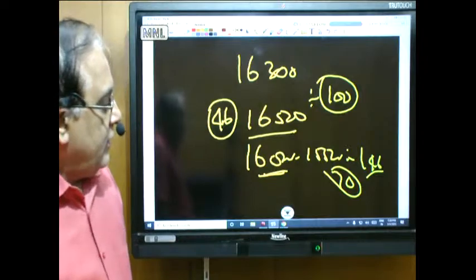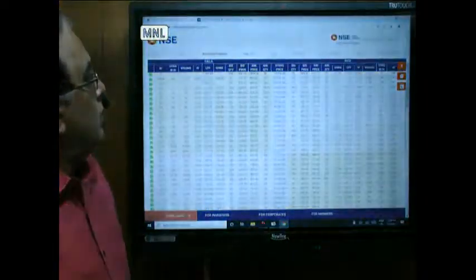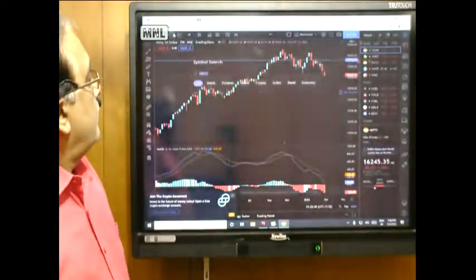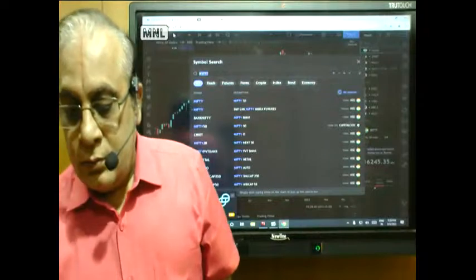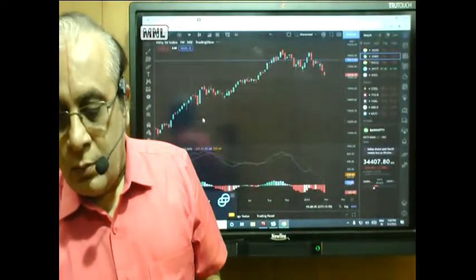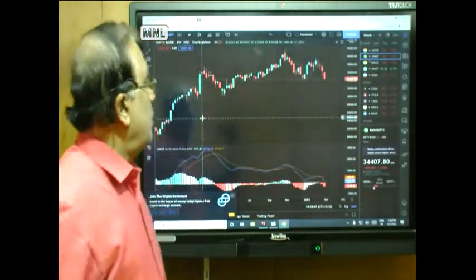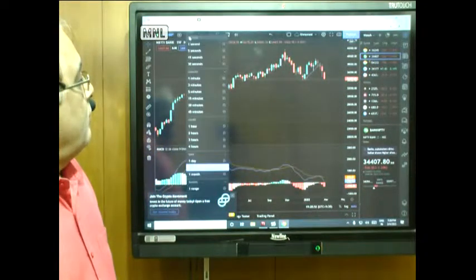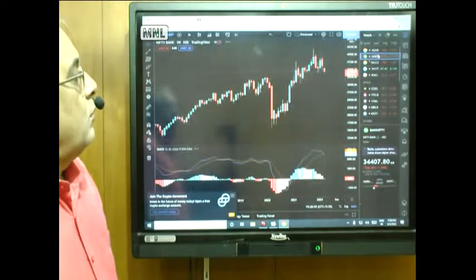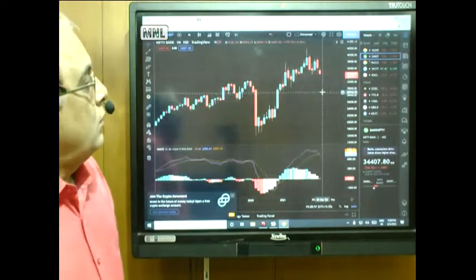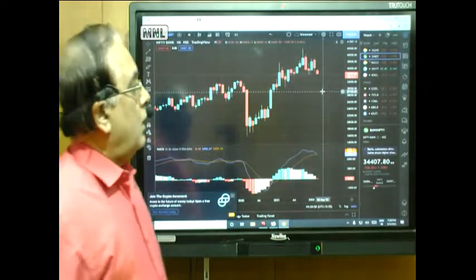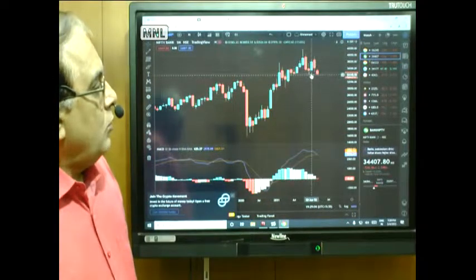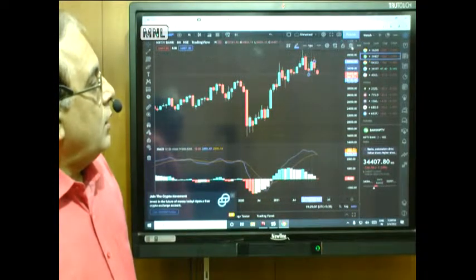So if you look at Bank Nifty on a monthly basis, we are also getting almost a lower top, but you have a lower equal bottom.